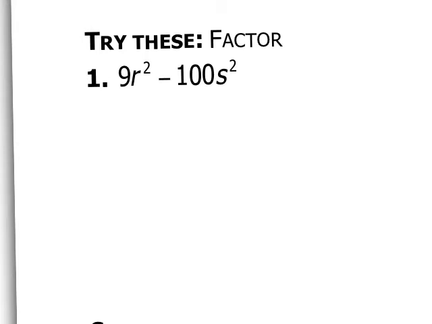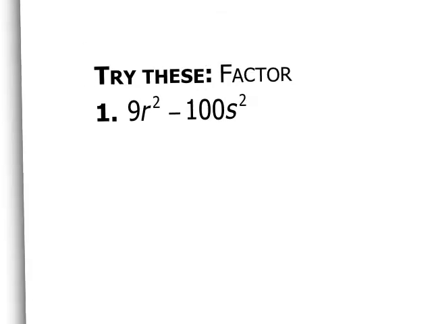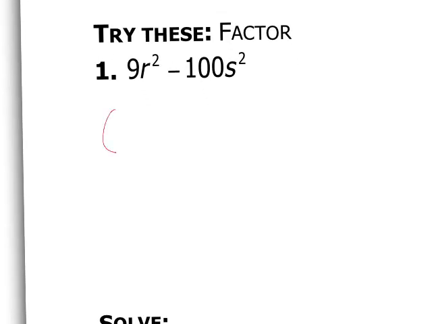So I always need to do what first? Try GCF. Is there anything that goes into 9 and 100? No. Okay. So now I'm ready for difference of squares because there are 2 terms. So I go ahead and make my 2 sets of parentheses.